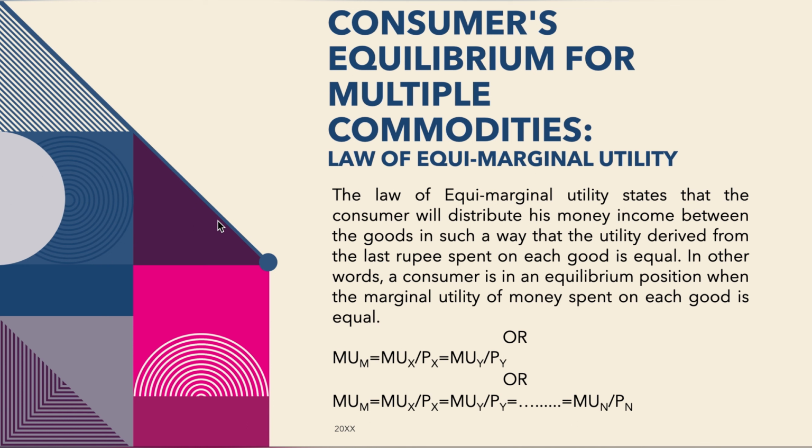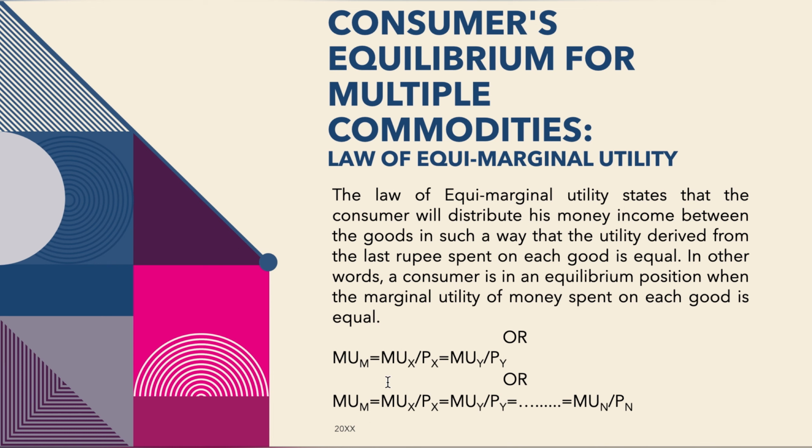To represent it mathematically, we have MUM, that is marginal utility of money. How much utility a person derives with an additional unit of money, it is known as marginal utility of money.